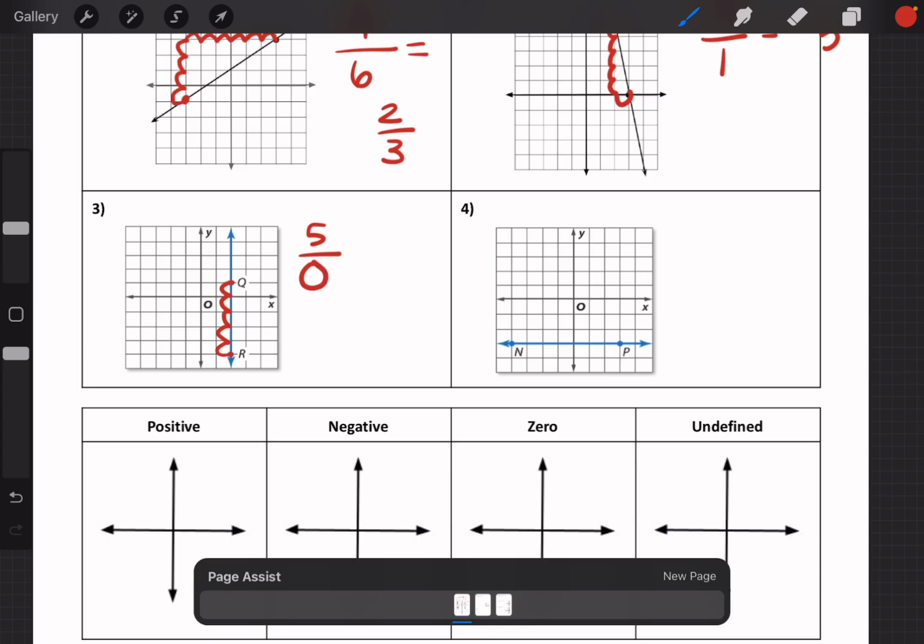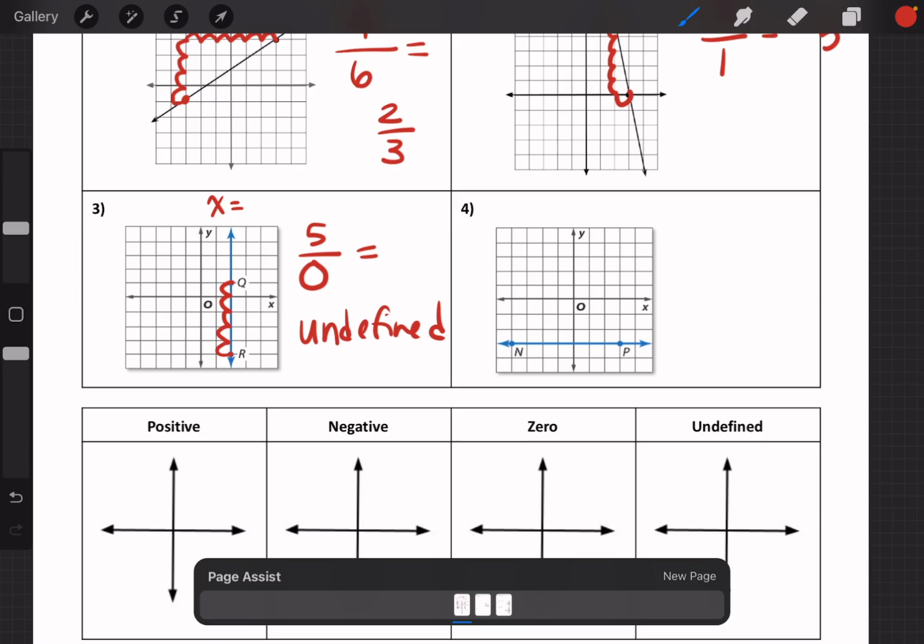Now, we can't divide by 0. Your answer is not 5 over 0. If we are dividing by 0, if we have a vertical line straight up and down, the slope is undefined. Undefined is a vertical slope. We're going to talk about equations next, but this would be an x equals line.